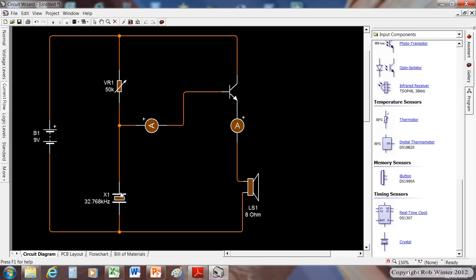Now, if you know how a microphone works, when you speak into it, it makes a little cone vibrate back and forward, which moves a magnet, and that magnet generates a tiny, tiny, tiny amount of current, a tiny little electrical signal, which you can feed in through a potential divider to your transistor. Now, if you didn't use a transistor and just tried to use that tiny, weedy little electrical signal to make noise out of the speaker, it wouldn't have anywhere near enough power to make the speaker vibrate and produce sound.